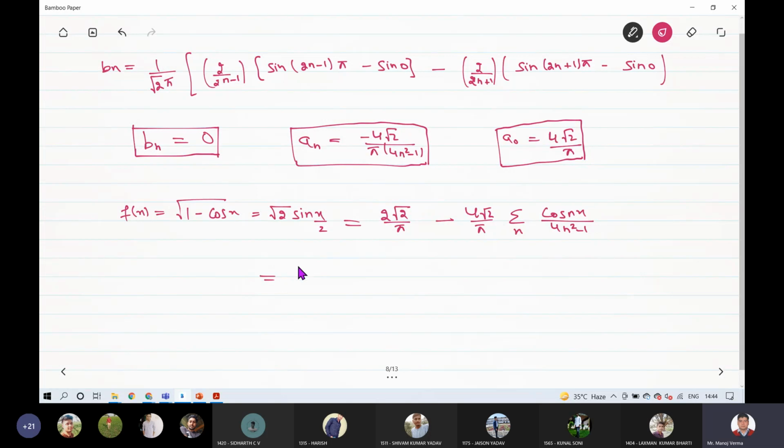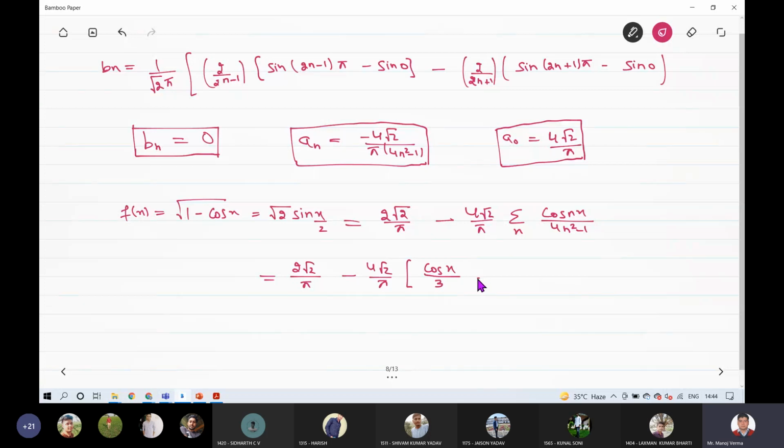So you can say this will be 2 root 2 over pi minus 4 root 2 over pi. If I insert 1, then it will be cos x divided by 3, right?